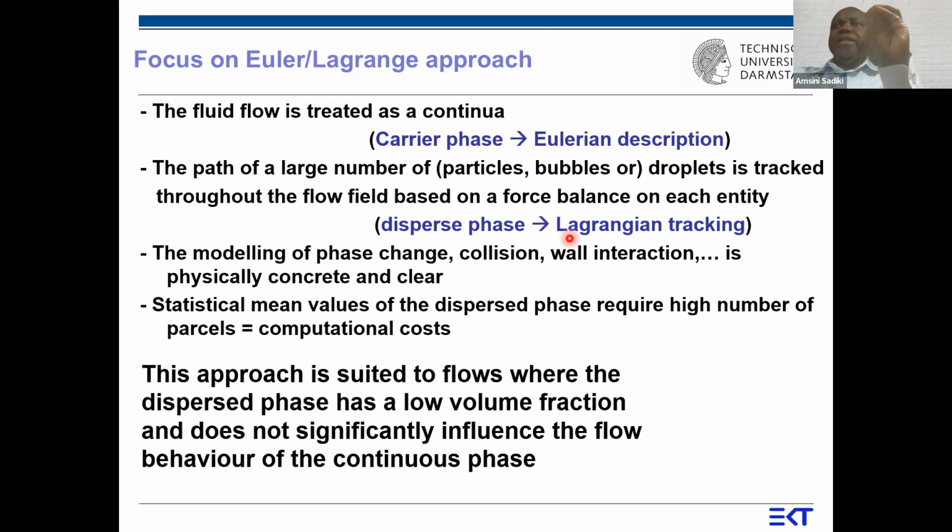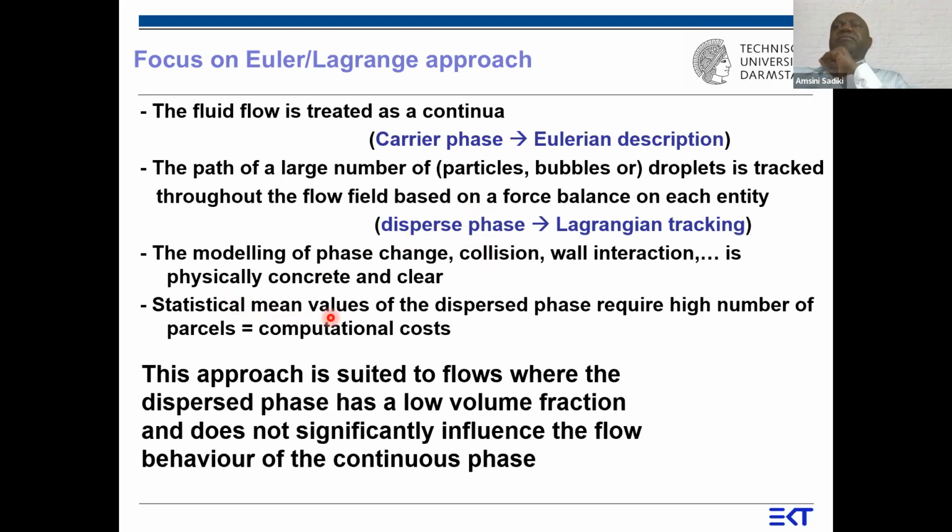We know where it is, and if it interacts with the wall, we know this. If there is collision, we can clearly follow the process. Because we have a large number of particles, we need to carry out a statistical mean to obtain statistical mean values of the dispersed phase.